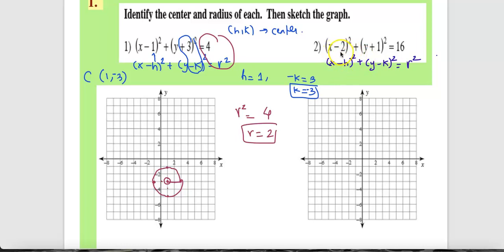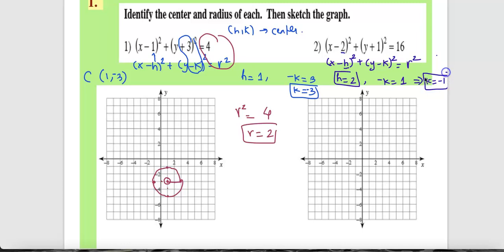So when I compare, my value of h is 2, because both have a minus sign. At this point, my k is with a negative sign, but this is with positive 1. So I can write negative k is equal to positive 1, and the value of k will be negative 1.